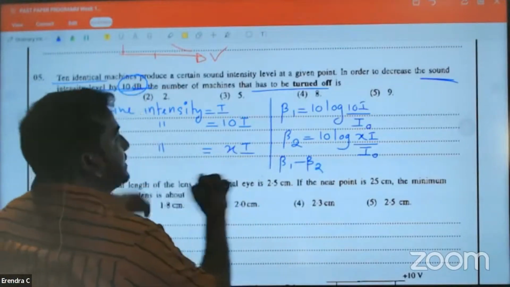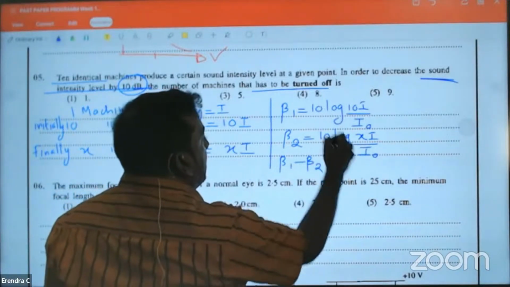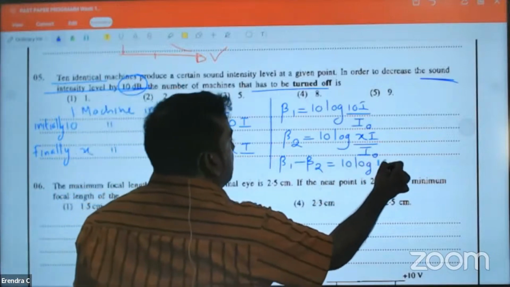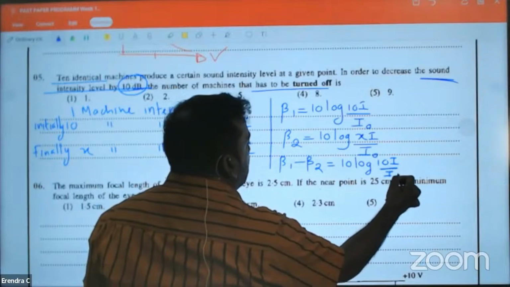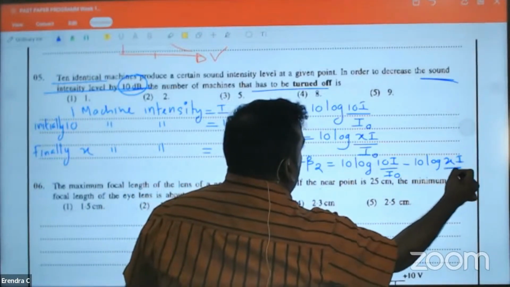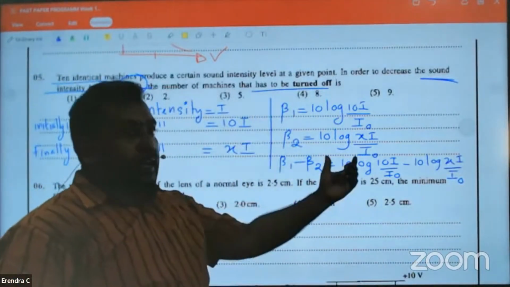Difference is 10 decibels. Subtraction means log division. Easy, huh? 10 log XI over I0. Who is common here?